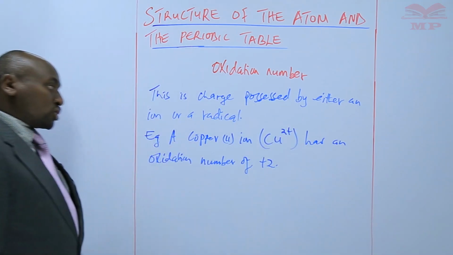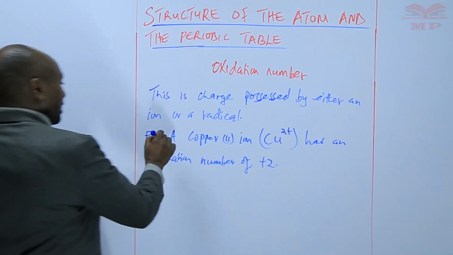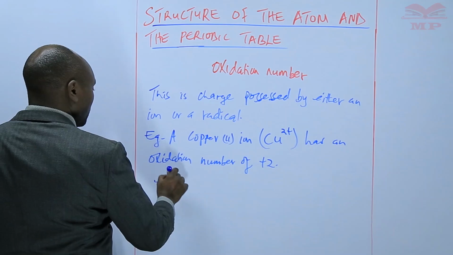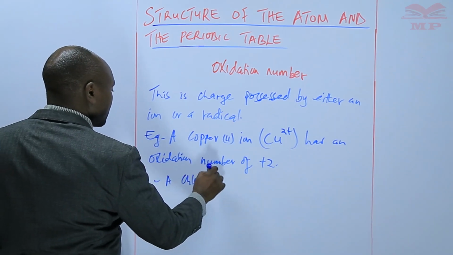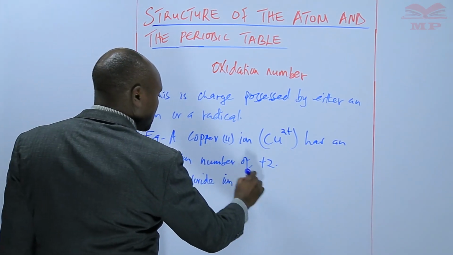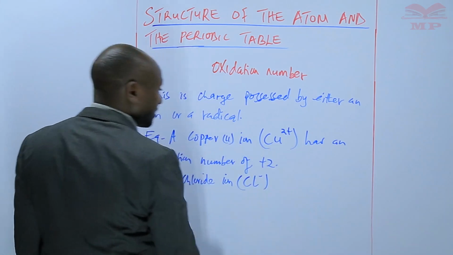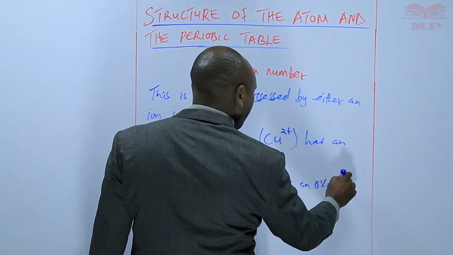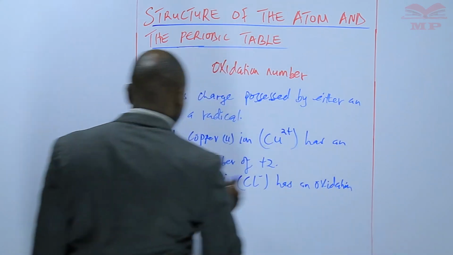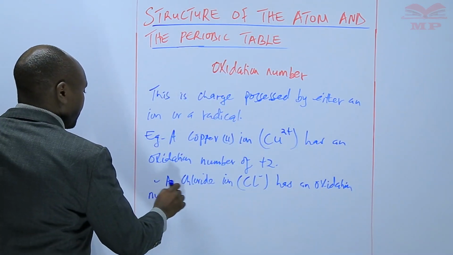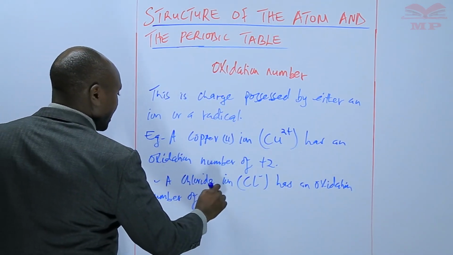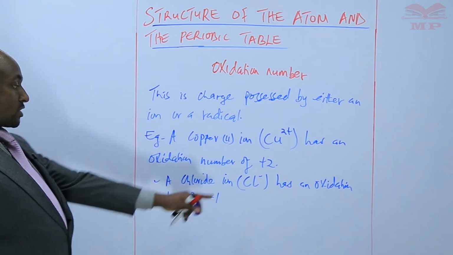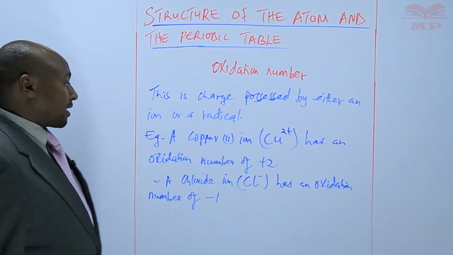So that is the charge that it carries. Another example, a chloride ion, Cl-, has an oxidation number of -1. So the charge that is indicated there.